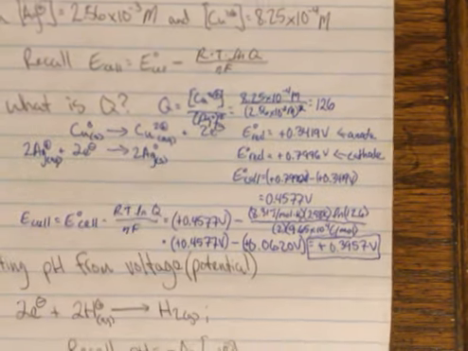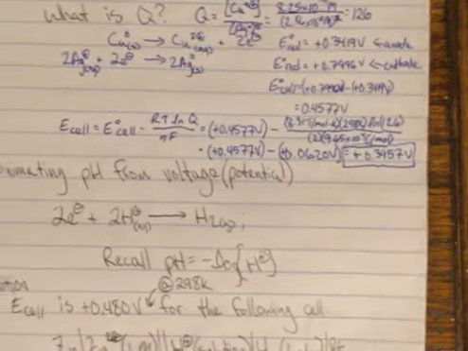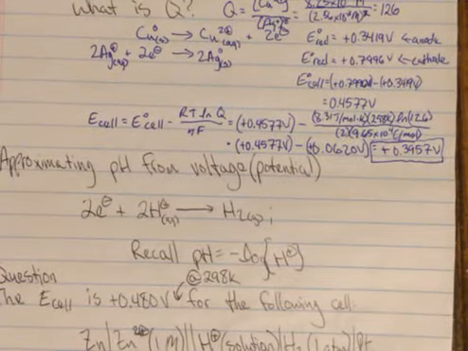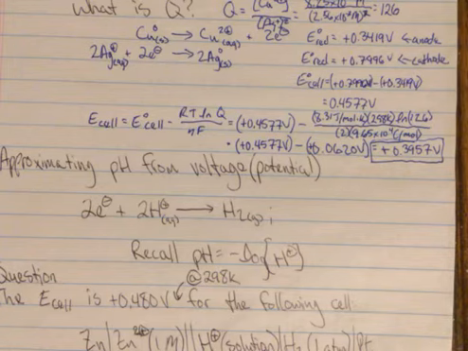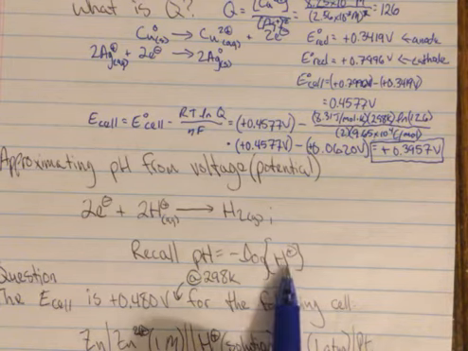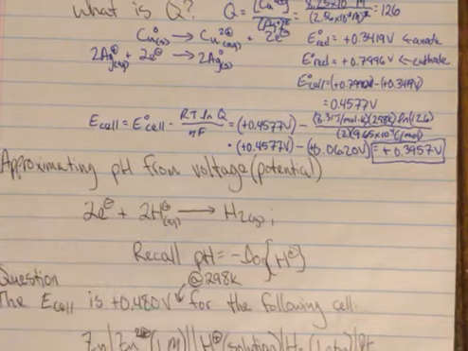Okay. Now, with that said, let's try to approximate pH from the voltage or the potential of a particular cell. Okay, so in other words, we're going to look at some kind of test solution to figure out what an actual pH is. So we don't know the actual pH. We're looking to figure out what H plus concentration is.